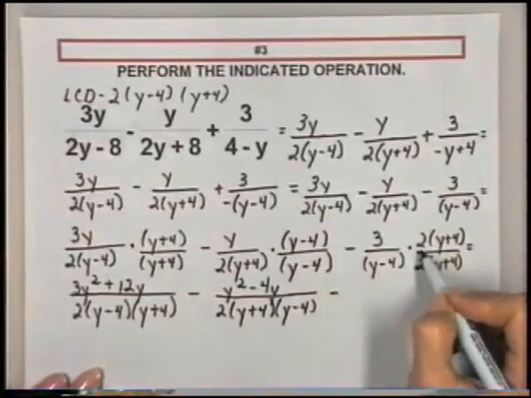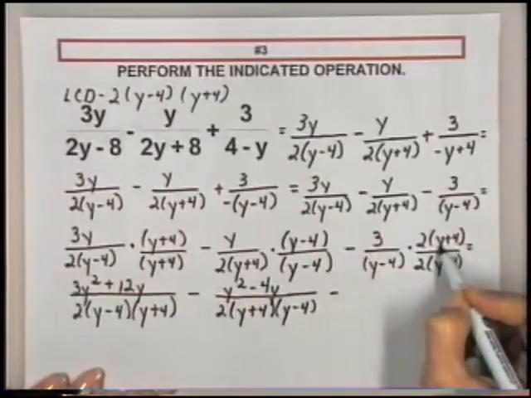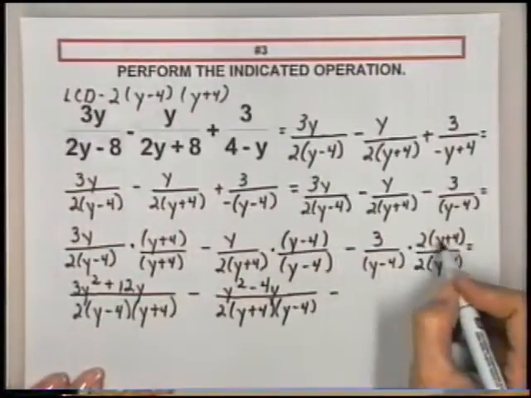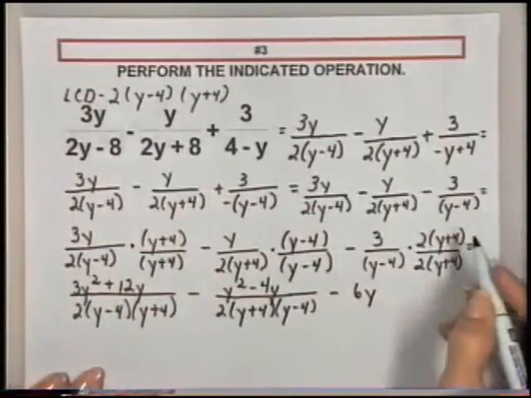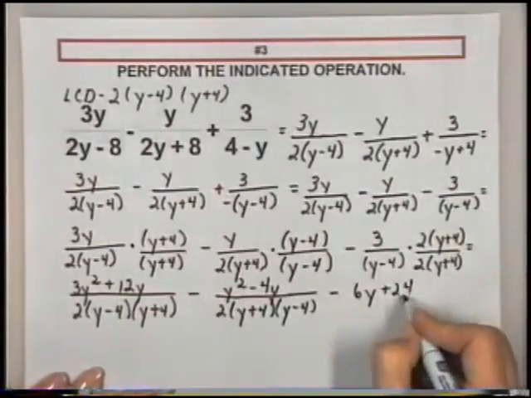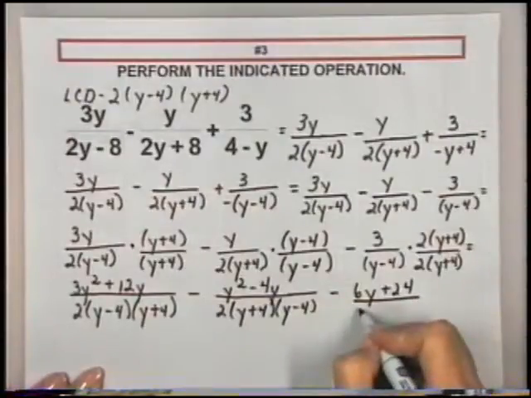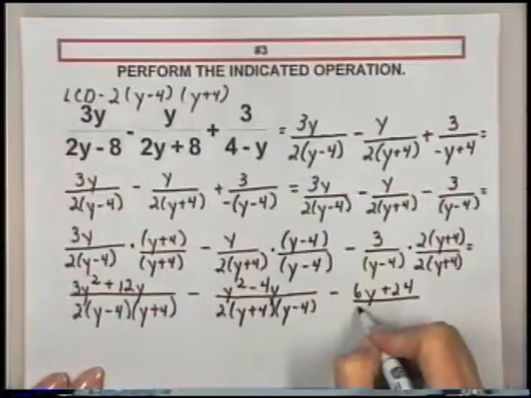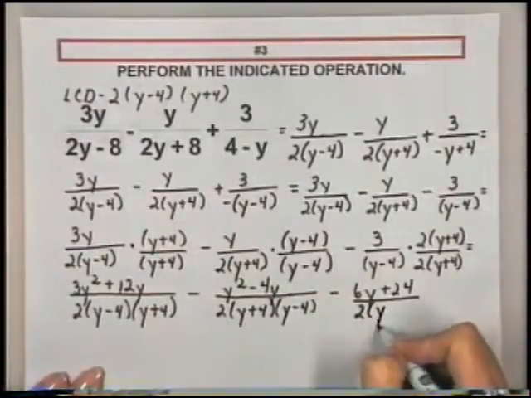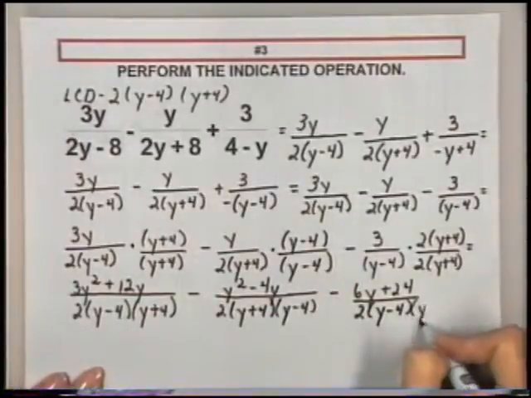In the third fraction, I am saying 3 times 2, which is 6, and then I multiply my 6 times my y plus 4. 6 times y will give me 6y. 6 times 4 will give me 24. And I will write my denominator in factored form, but I want to write my numerical factor first.